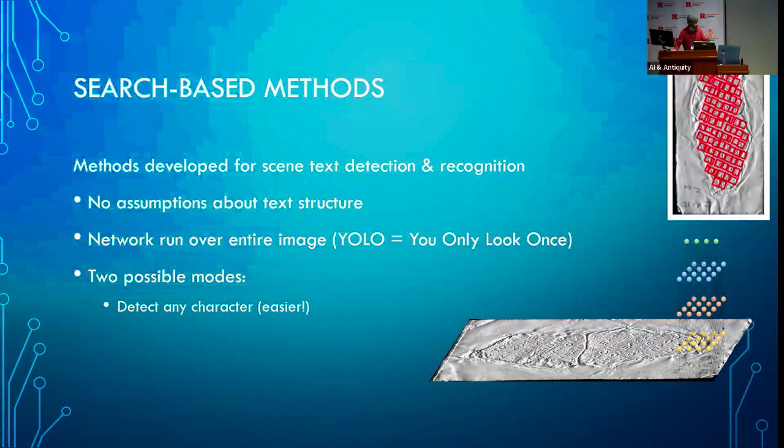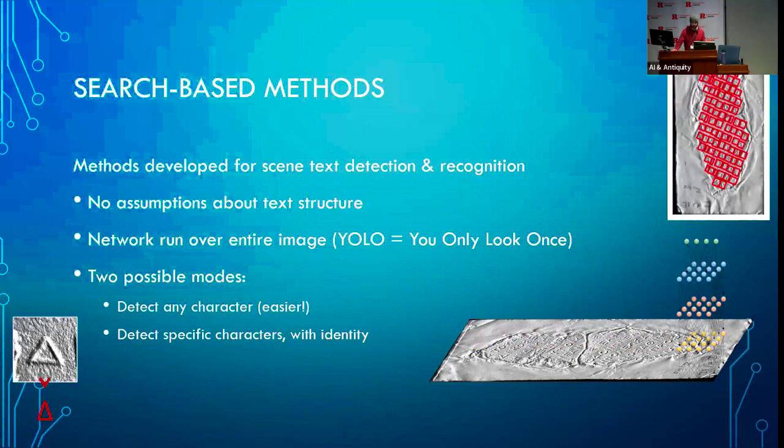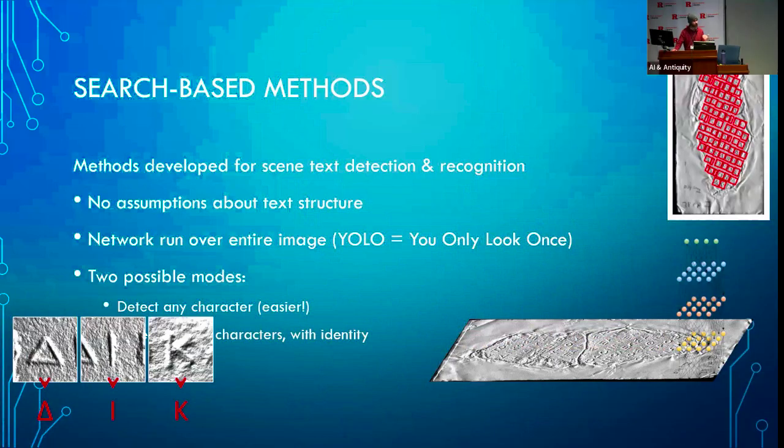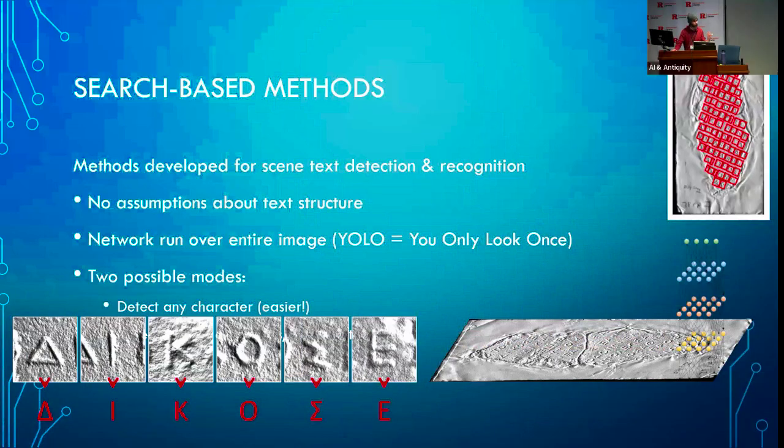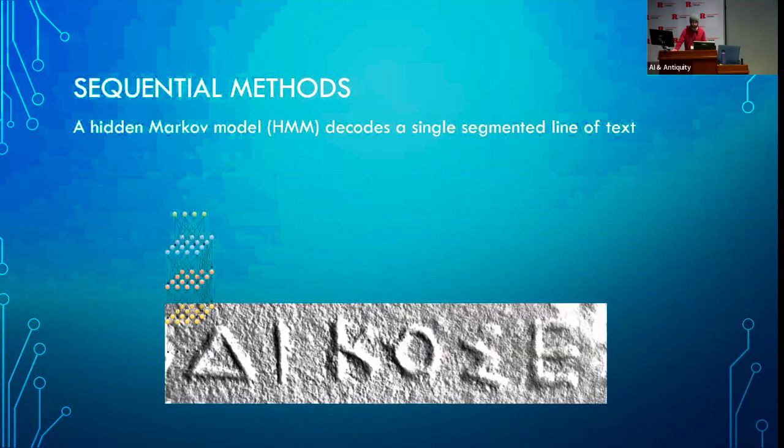That's just, where is the text? Where are the characters? Draw me the bounding boxes. The second part is the recognition, and that's harder. That is not just draw me the bounding boxes, not just saying there's a letter here, but saying this is a delta, this is an iota. That's the recognition step, which is a separate and harder step to achieve.